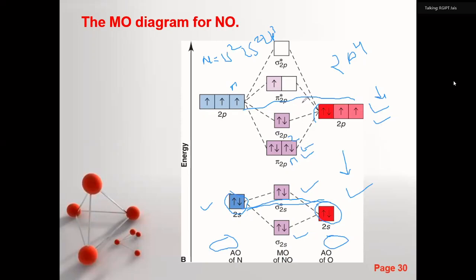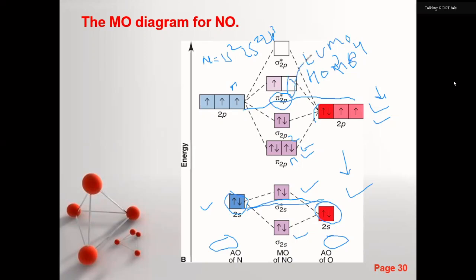Total is 3 plus 4, total 7 electrons, means 1, 2, 3, 4, 5, 6 and total 7. That's why here the highest occupied molecular orbital is pi star px and the lowest unoccupied molecular orbital is pi star py.